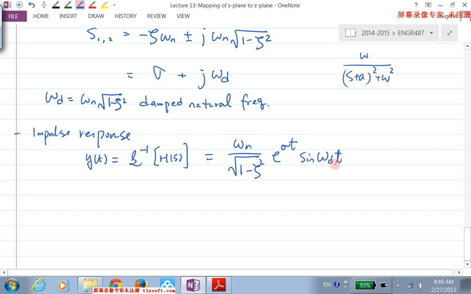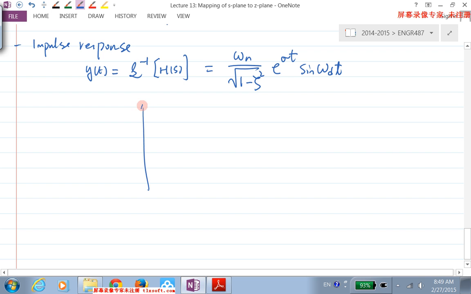Sine is a sinusoidal function. It's going to oscillate, but at the same time it's being modulated, or sandwiched, by the exponential decay. Your sinusoidal signal is oscillating inside here.